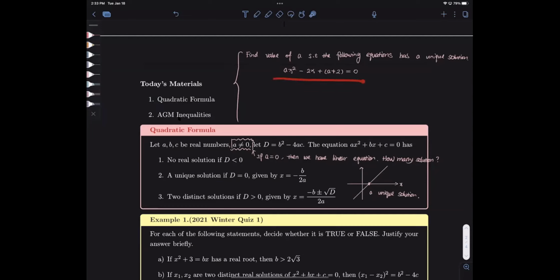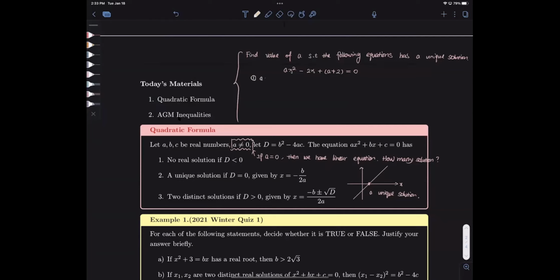Now, when you see this, you would think, oh, this is easy. Has a unique solution means that my D needs to be equal to 0. That is correct, but you're forgetting, what if A is 0? Then you would also have a unique solution. So for this question, you should have 2 different cases.